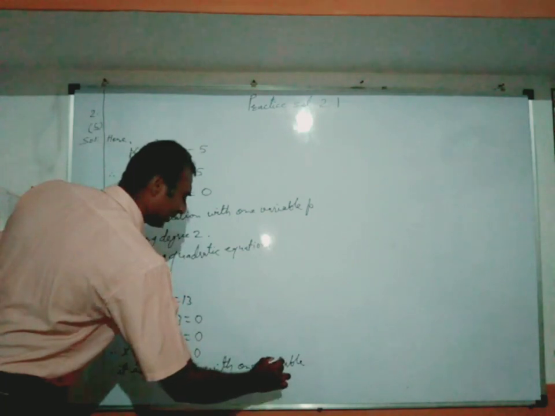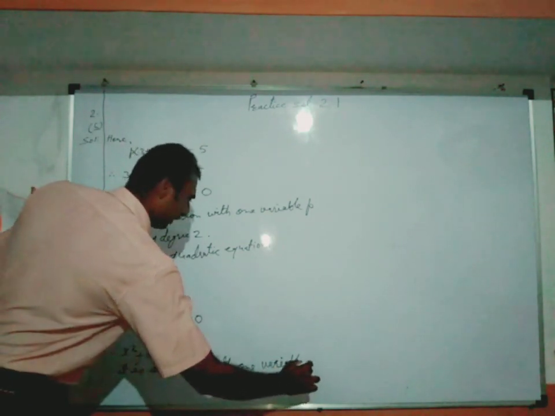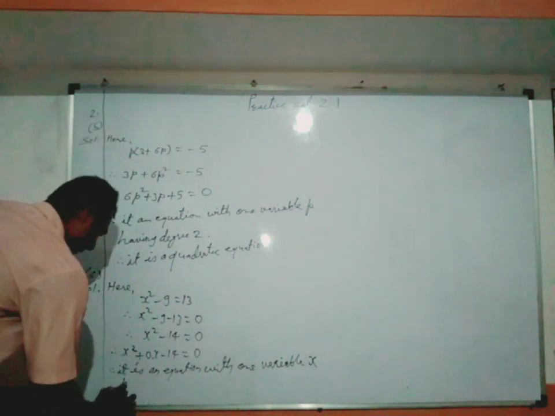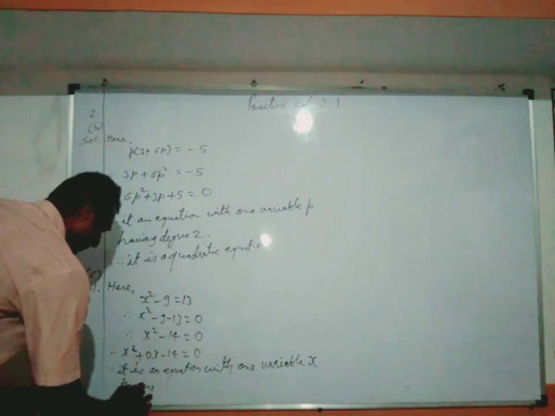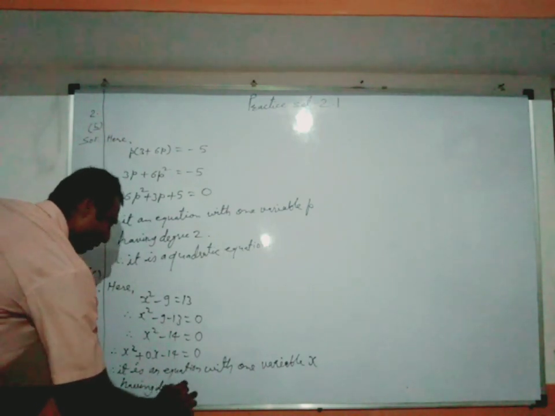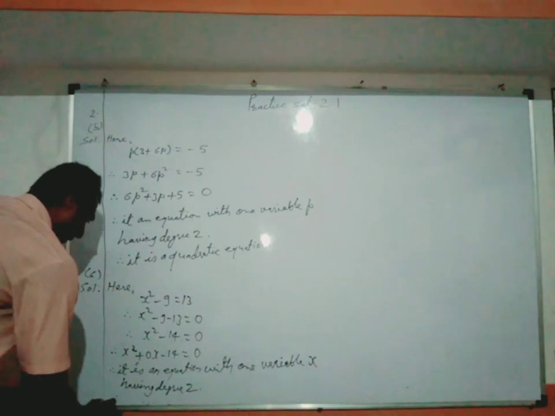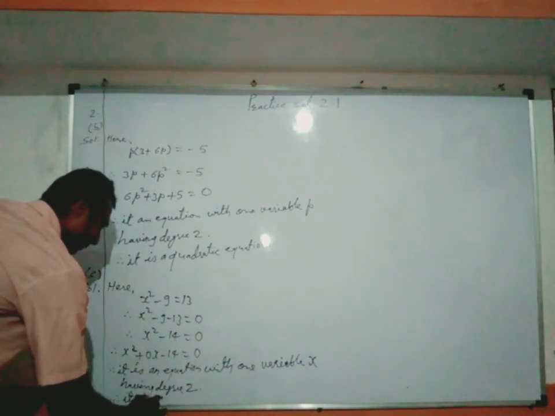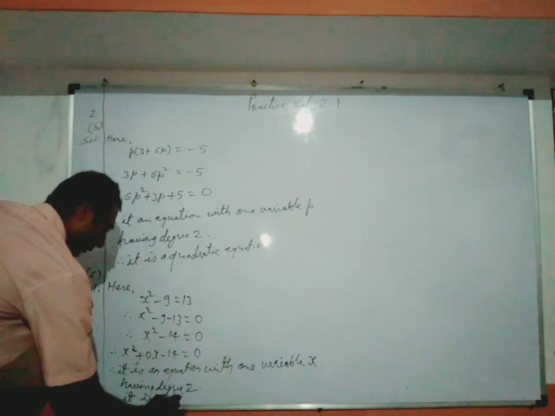Which is that variable? That variable is x, having degree 2, and therefore it is a quadratic equation.